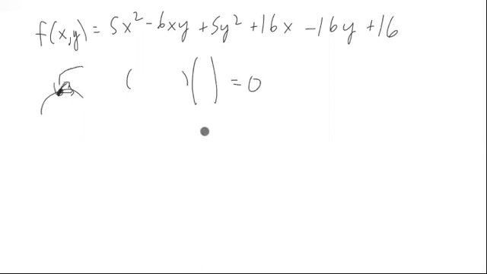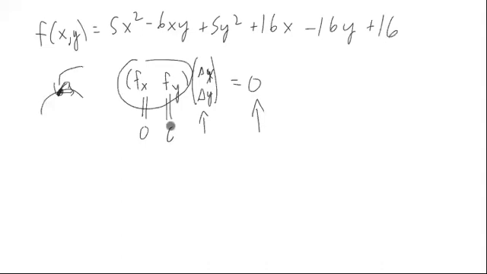So no matter what run you take from this point, the instantaneous idea will be to output a rise of 0. So if the derivative looks something like this, we can expect that both of these must be 0, because no matter what we put in here, we want to get 0. So that's kind of how you get critical points.